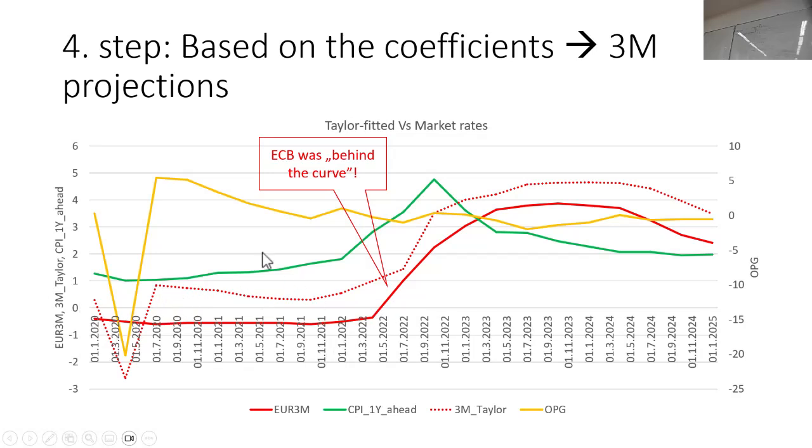This is missing from the real life. And then when inflation expectations started to pick up, then you should gradually increase the interest rate, and this is what was missing.